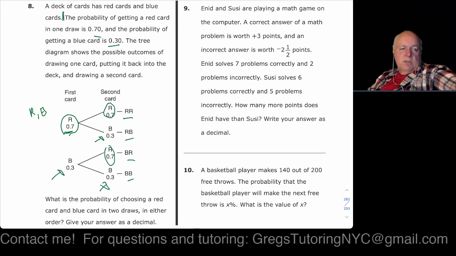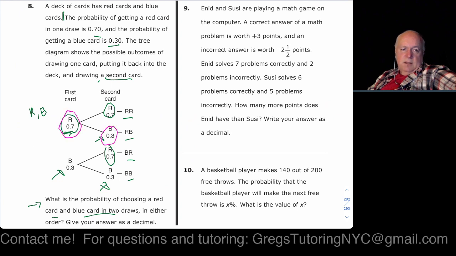The tree diagram shows the possible outcomes of drawing one card, putting it back, and drawing a second card. What is the probability, down here, of choosing a red card and a blue card in 2 draws, in either order? So that means we're going to pick, let me change the color to fuchsia, a red followed by a blue, say RB.